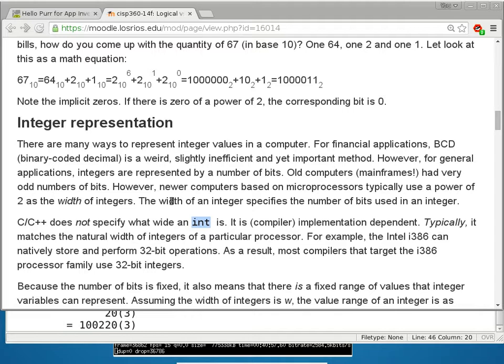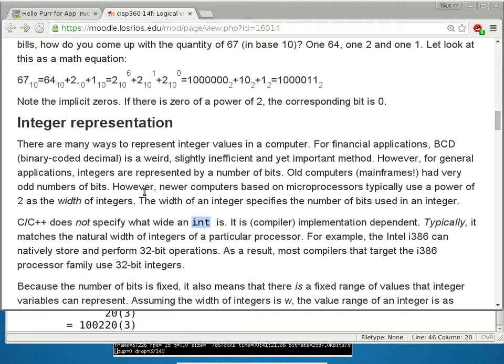So the question is, what is the width of an integer? In other words, when you specify that you need something to store an integer inside the computer, you can only allocate a fixed number of digits, a fixed amount of storage, which is not consistent with how mathematicians understand integers.